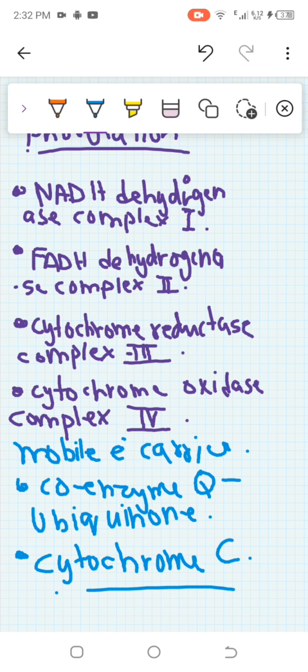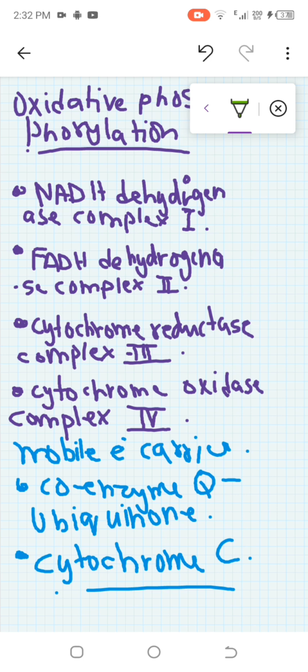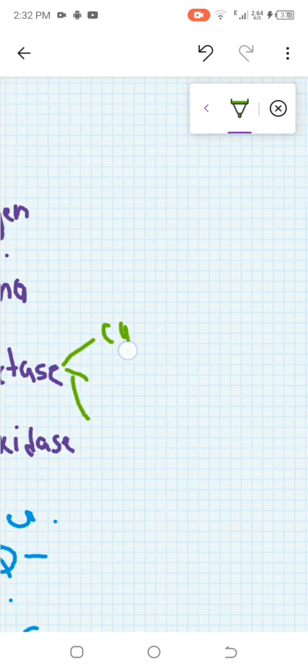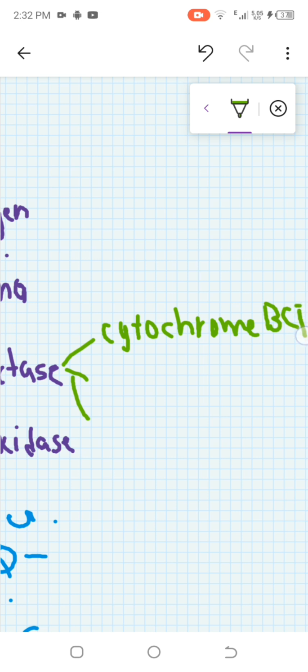Complex 3 is further divided into parts known as cytochrome BC1, cytochrome B, and third cytochrome C1.